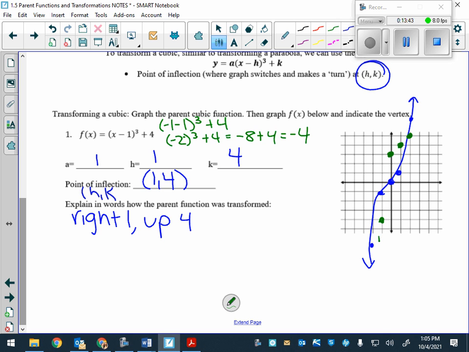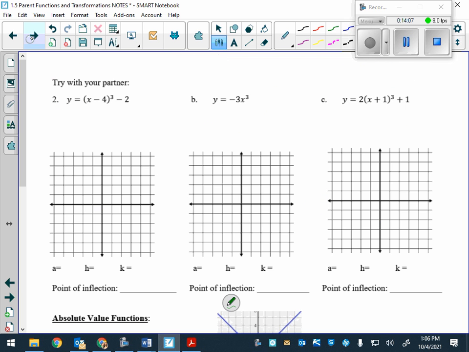Since I can't see the other side. Okay. Right, so you could substitute x values in after the point of inflection, either above or below. Okay. Let's go through. All right, now number 2.